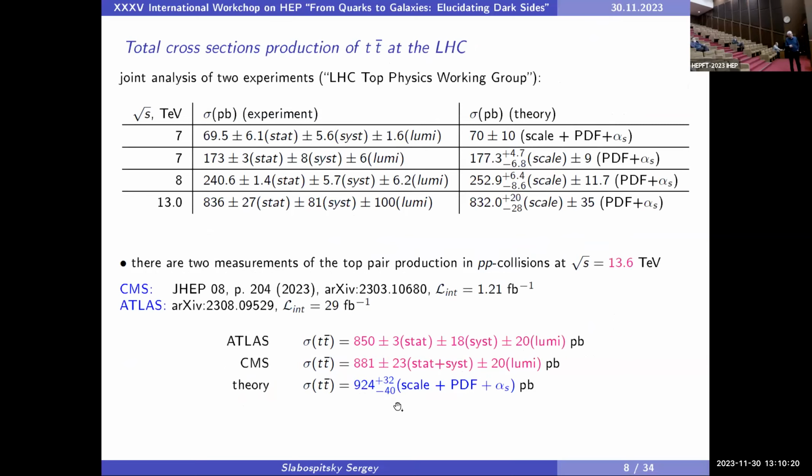These three lines present you the latest results for this value of square root of S. You can see the total luminosity for the CMS is 1.21 inverse femtobarns, the ATLAS had obtained bigger luminosity. Let me remind you, the total luminosity explored at the square root of S of 13 TeV is about 100. This presents the measured cross-section value, which is more or less comparable with these experimental results. And here you see the theoretical predictions.